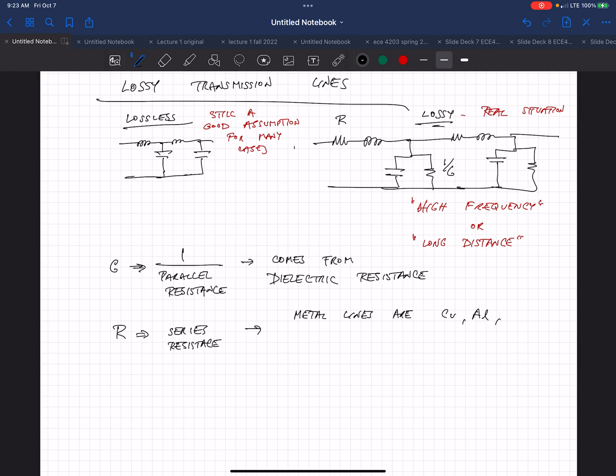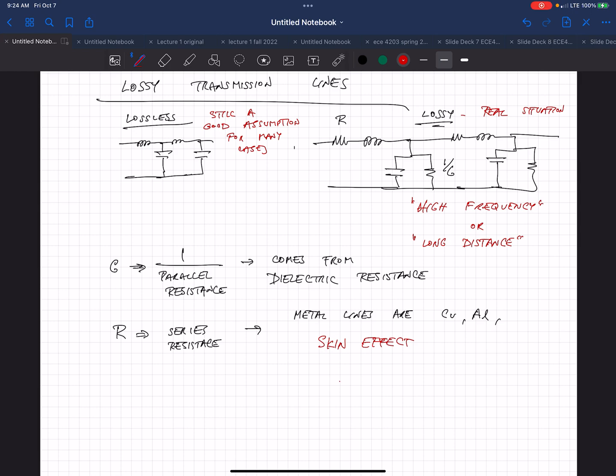A superconductor is a metal or some material that has zero resistance. Any kind of real conductor will have very low resistance, but it'll have some resistance in series. And as it turns out, that's also frequency dependent because you have this effect called the skin effect, and hopefully we'll come back to this later.